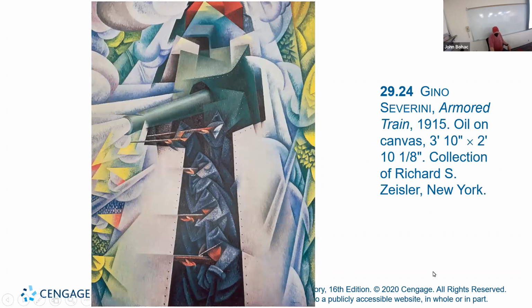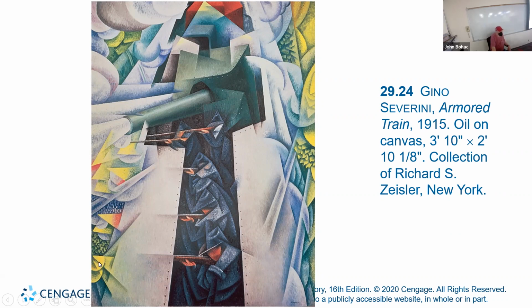Gino Severini, Armored Train, and this was done in 1915 after the outbreak of the First World War. But what you see here is a train which in itself brings to mind power and speed. And it's an armor-plated train, and it's got a cannon on top, and it's got soldiers with rifles.